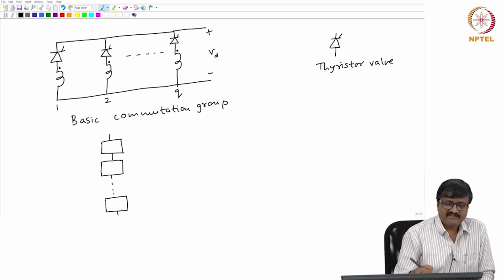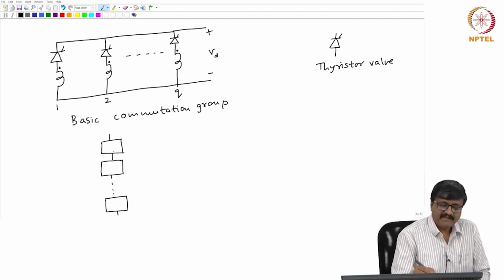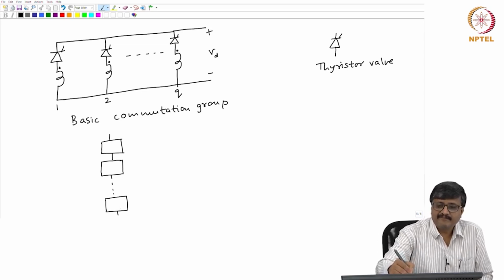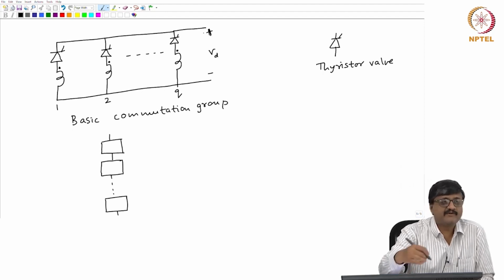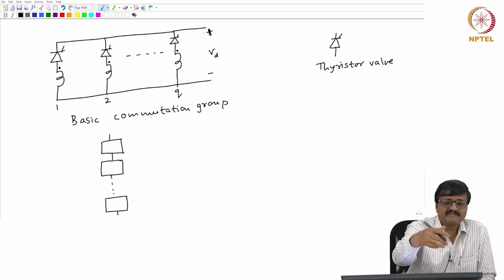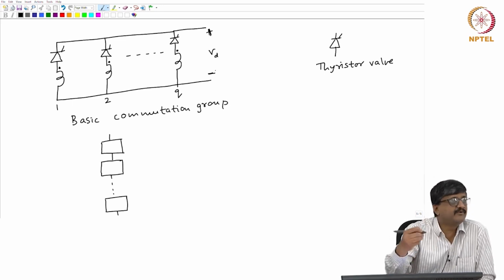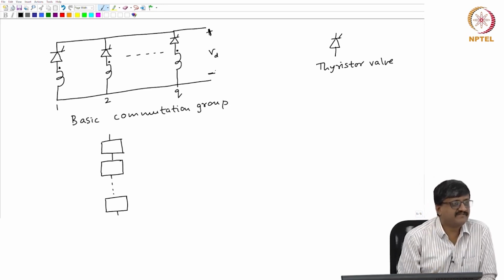So, this has many such basic commutation groups connected in series. Connecting in series means the terminal marked plus here is connected to the terminal marked minus of another commutation group. Similarly, the terminal marked minus here is connected to the terminal marked plus of the next basic commutation group.